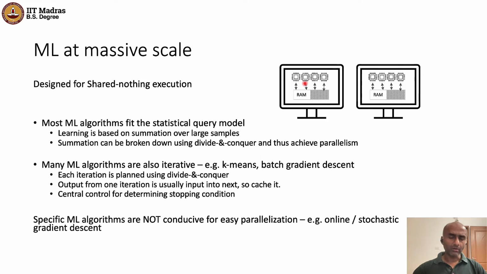So in this kind of a model, which is called shared nothing execution, if you build an algorithm that's designed with this kind of a model, you could then run it on any CPUs running anywhere as long as it has its own memory allocated to it. Which means you could run it on other machines, you could run it in a cluster of machines, etc. So massively parallel processing or shared nothing execution all mean the same thing in some ways. So they amount to the same thing.